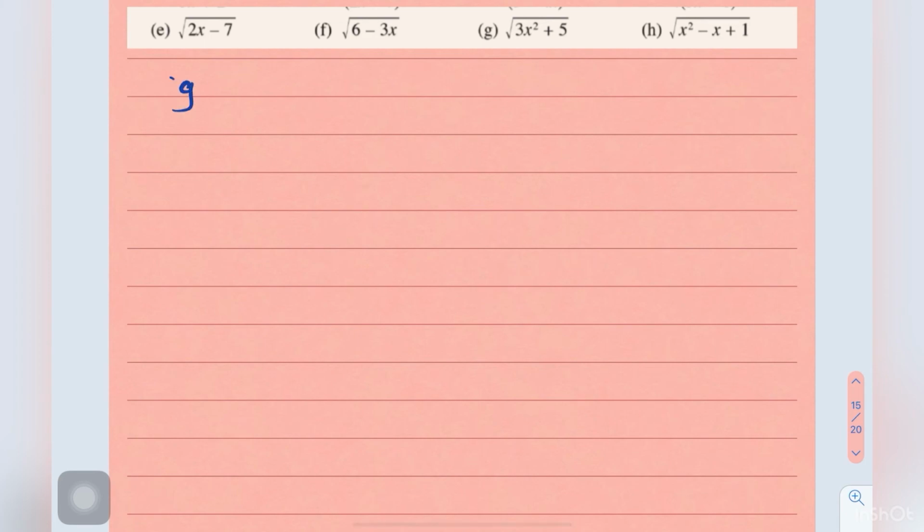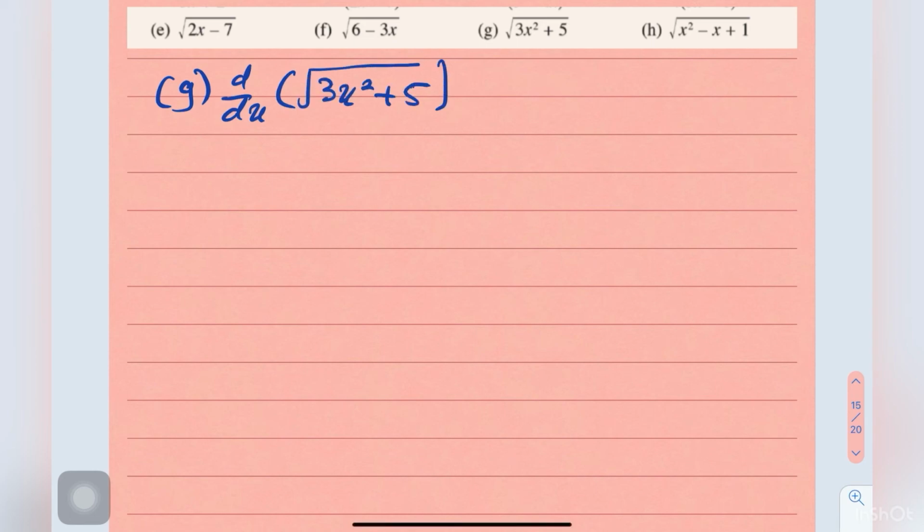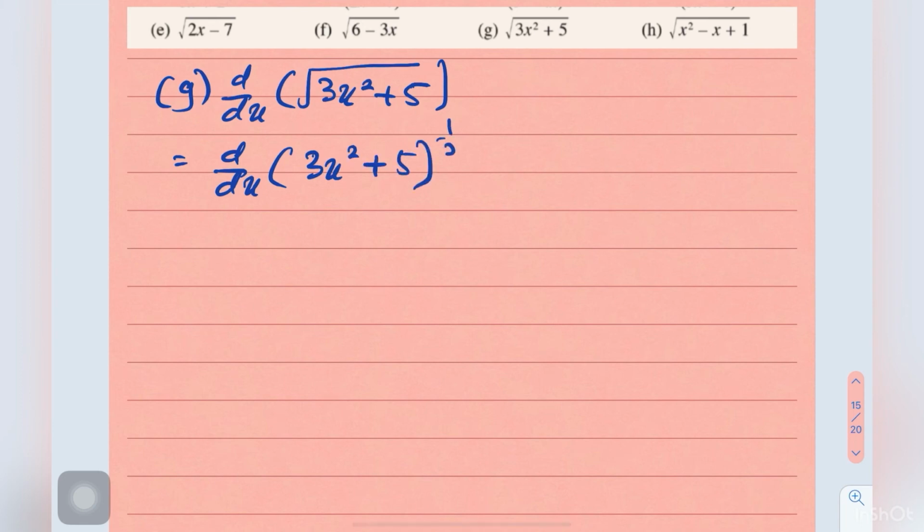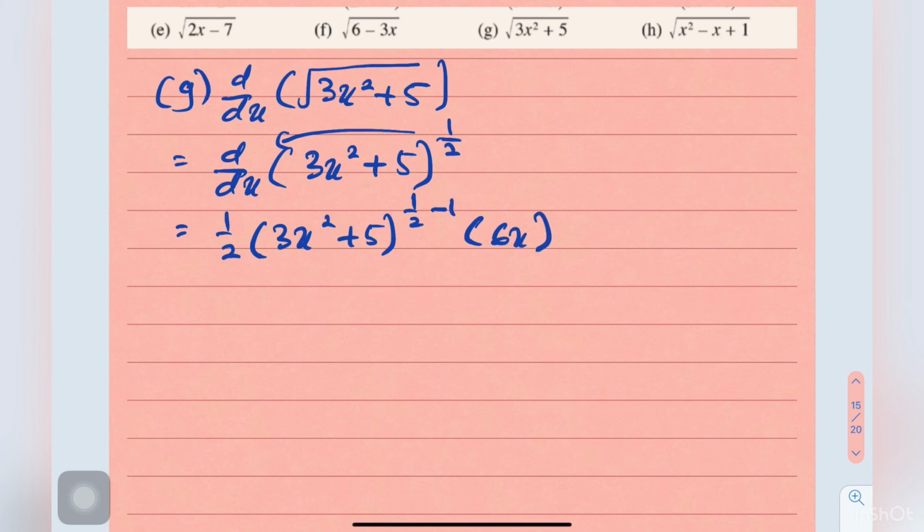G, d/dx of square root of 3x squared plus 5. So d/dx of (3x squared plus 5) to the power of 1 over 2. Here we go, so move 1 over 2, (3x squared plus 5) to the power of 1 over 2 minus 1, times 6x.